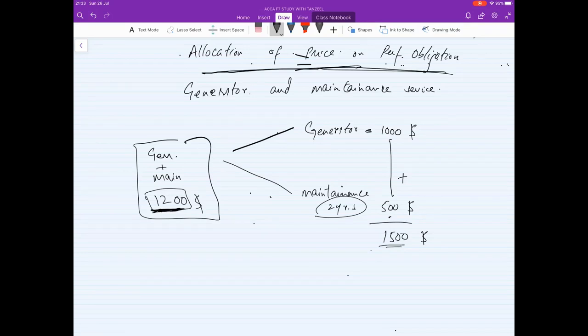Now we will study how we will allocate. So add these two, which means 1500. So generator value is 1000, total is 1500, and price is 1200.